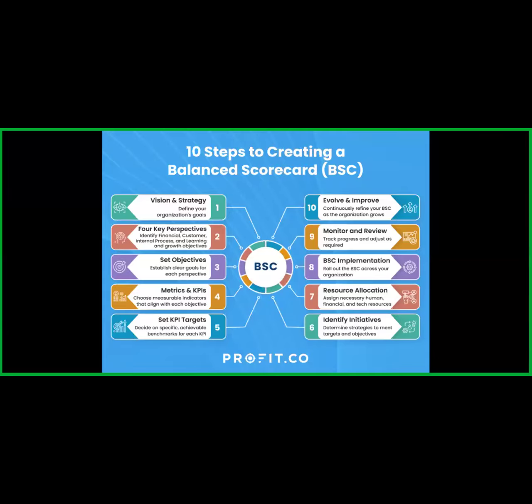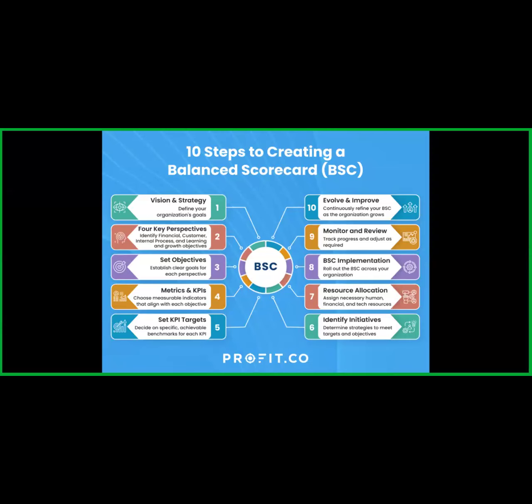Come up with a strategy. We have decided that these will be the KPIs and this is how the benchmark will be set by the organization. Now, how we are going to achieve the target, and which strategy we should be implementing so that we will be able to achieve the target set by the organization, is to be decided under step number 6.